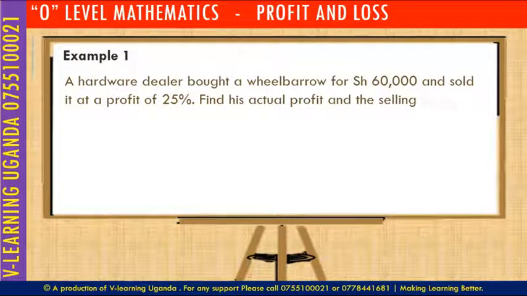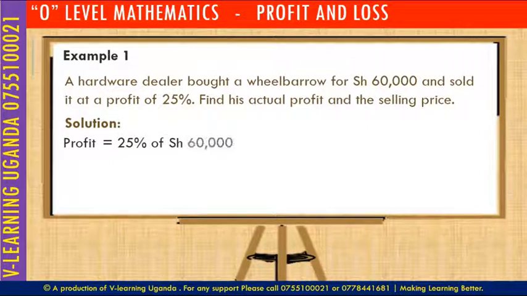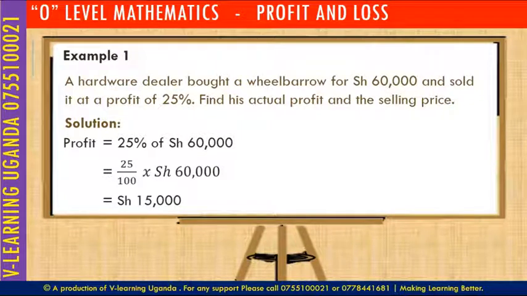We go back to our formula: the profit will be the percentage profit, which is 25, times the buying price, the money the hardware dealer used to buy it from the manufacturer, that is 60,000 shillings. So 25 out of 100 times 60,000 shillings gives 15,000 shillings. That is the profit.